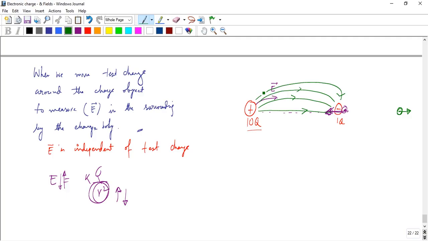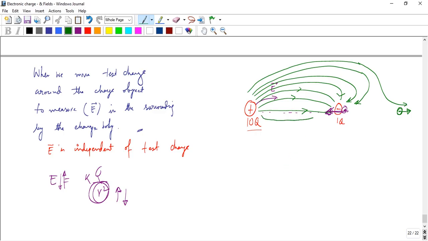And at some point here, you see that they do not come back here, they actually go here. So similarly, the field now looks like this.